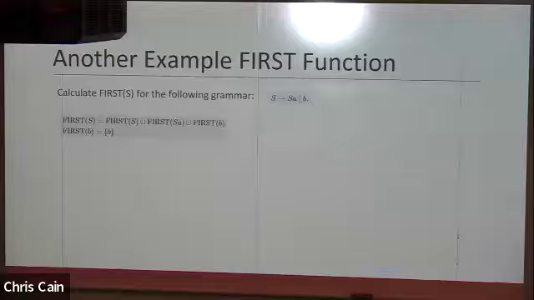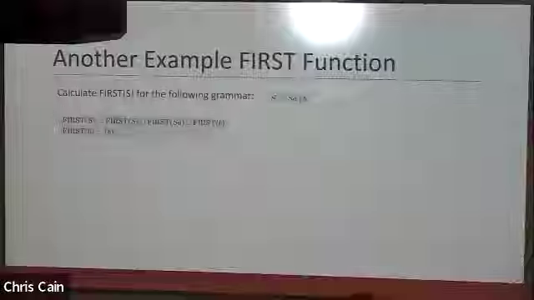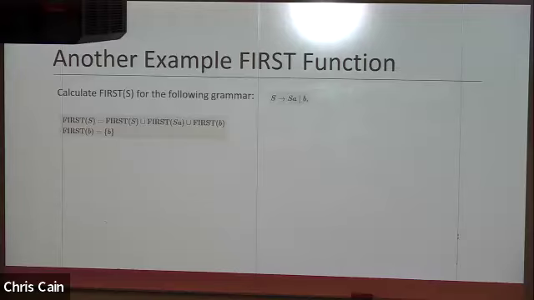And you see the problem now of self-reference. First of S, we can define to start as empty, but the first of SA is going to have us recursively define first of S. And if we do self-reference in this, we just make it the empty set. The reason is, even if it's going to generate everything that we already do, there's no reason, because the answer to this is a set, and if we generate a duplication of that same set, it won't affect the contents of that set.